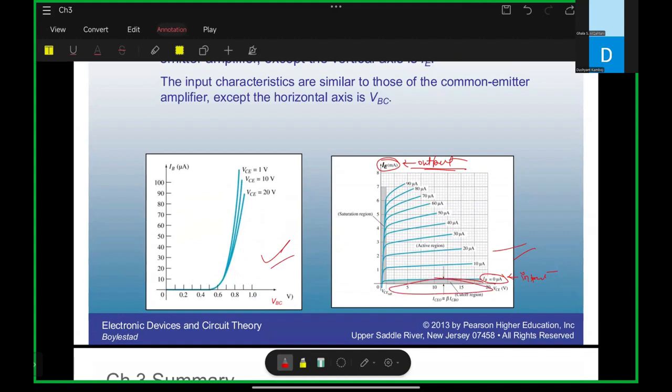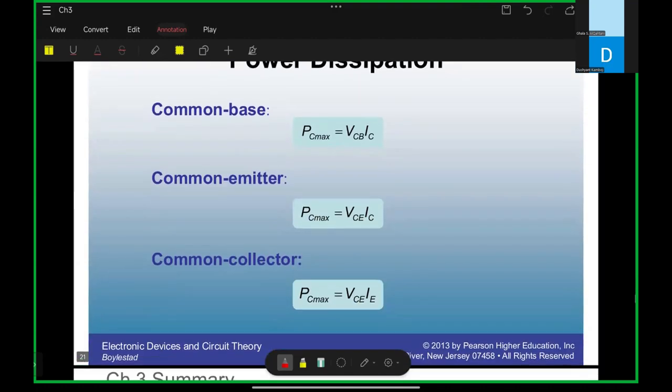The lower one is the cutoff region, this one is the saturation region, and this one is the active region. These characteristics are the same, just the values will change here, here, and here. The characteristics will remain the same, right? Yes. Okay.